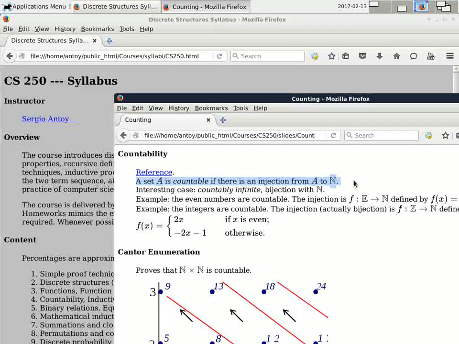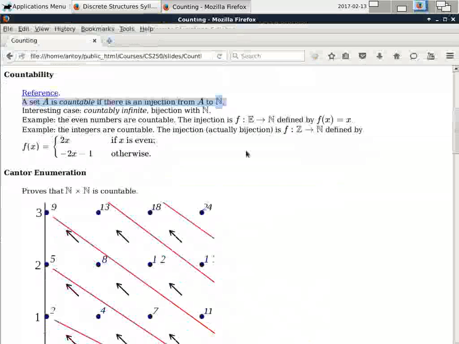You are counting them, right? All right. So, how do we prove this one? We have to provide an injection from the even numbers to the natural numbers, and I wrote it there.